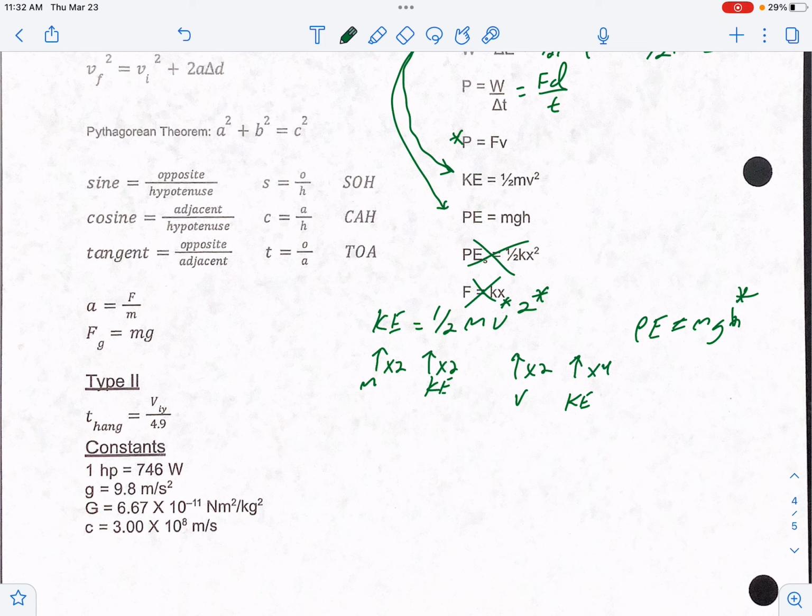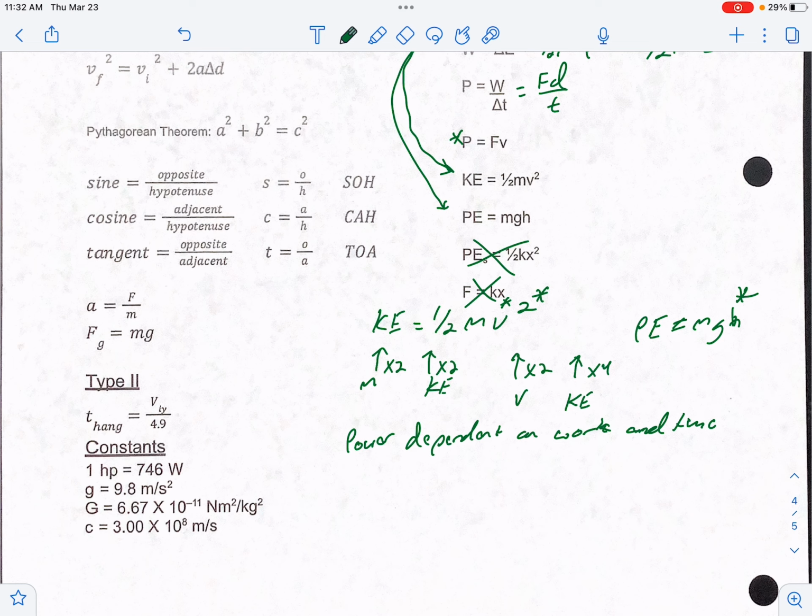Okay, so now let's talk about power. Okay, so power is dependent on work and time. So what usually determines your power is how quickly you can get it done.